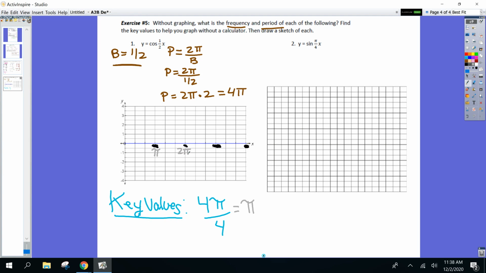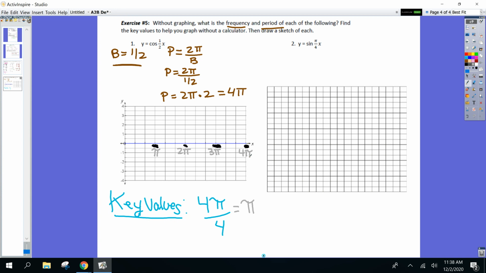Add pi again. You get 3 pi. And then look at this magic. Where do I end up at? Add another pi. You end up at 4 pi, which is your period. That always happens. Your last value on the x-axis should be whatever your period is, because that's how long it's going to take to make this curve.